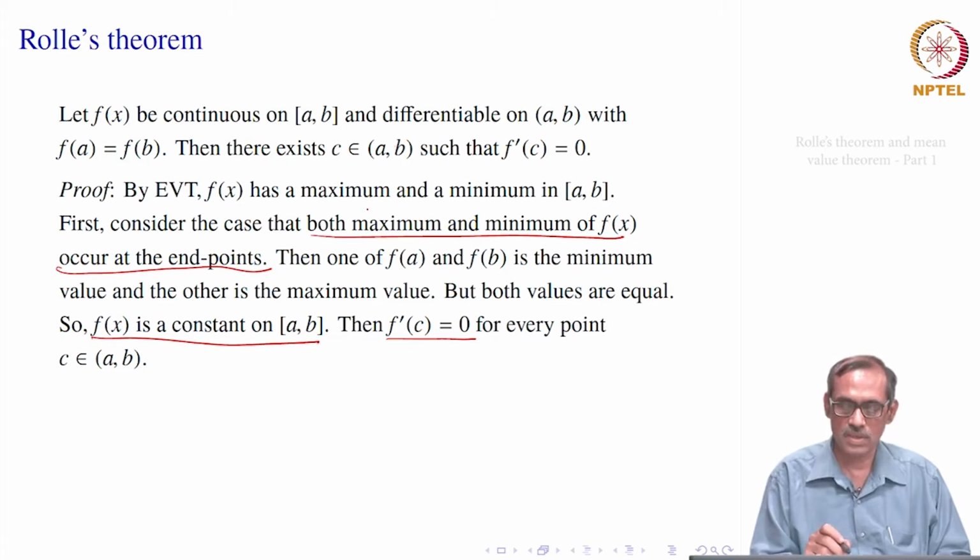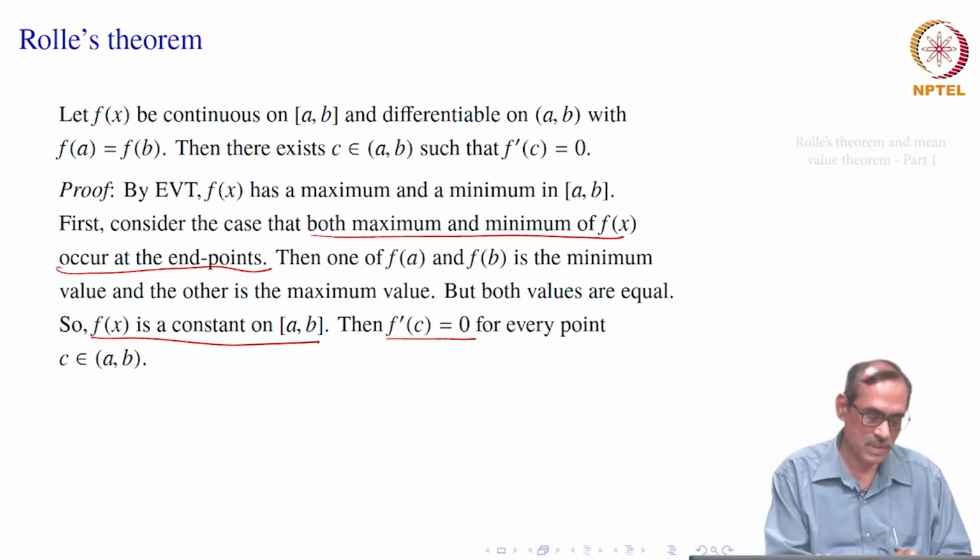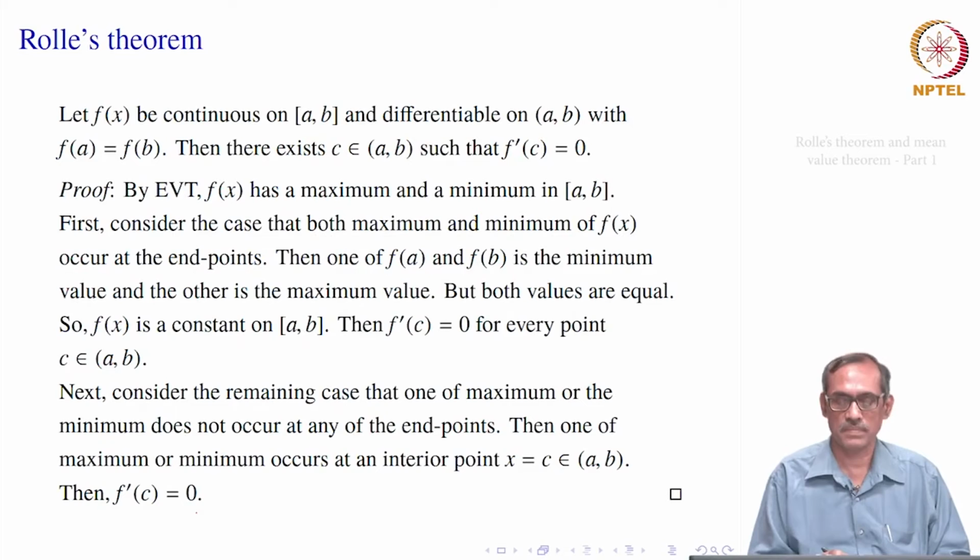Now, this is the case where maximum and minimum occur at the endpoints. Suppose it is not the case, that is the next case, that one of the maximum or minimum does not occur at an endpoint. So, our first case was both of them occur at the endpoints.